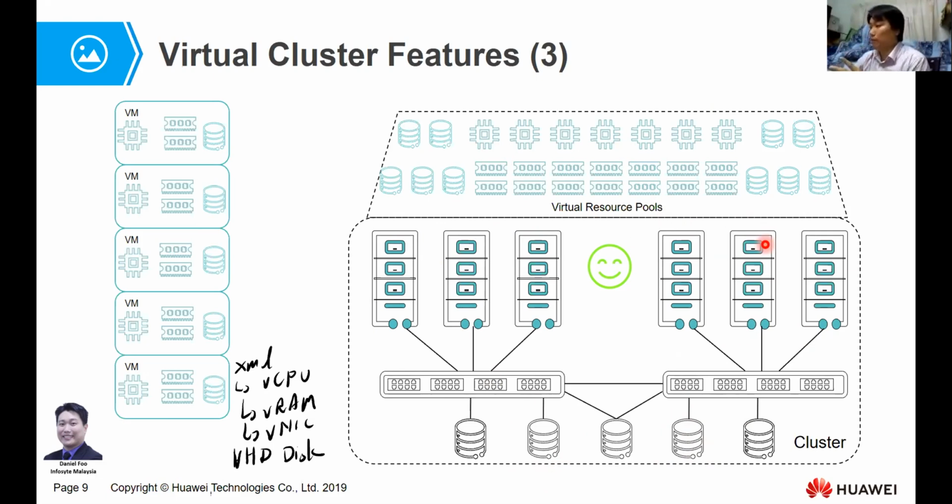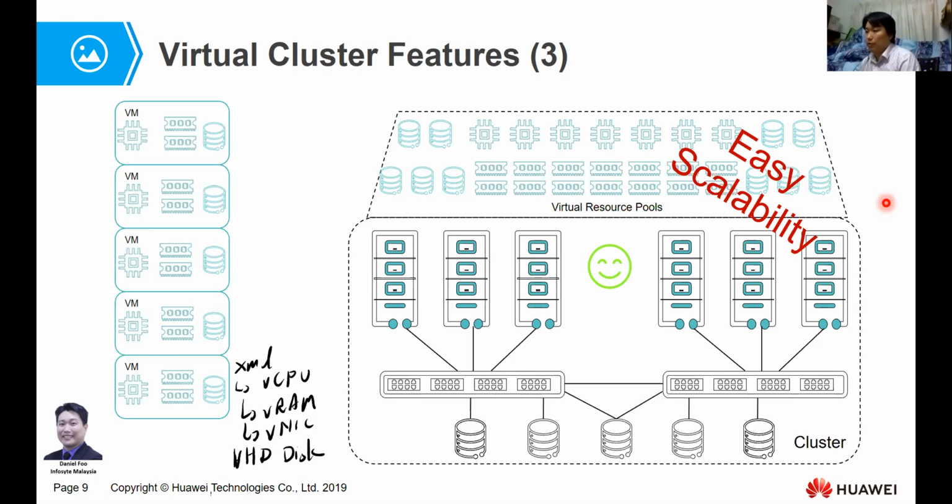Okay, so to load balance the virtual machine workload, with virtualization and virtual cluster technology, we can achieve easy scalable functionality. Okay, easy scalable functionality. So this is another benefit of using virtual machines and also virtual clusters.